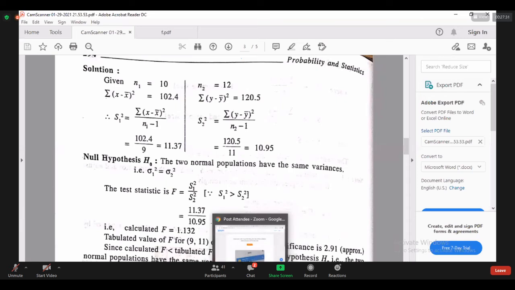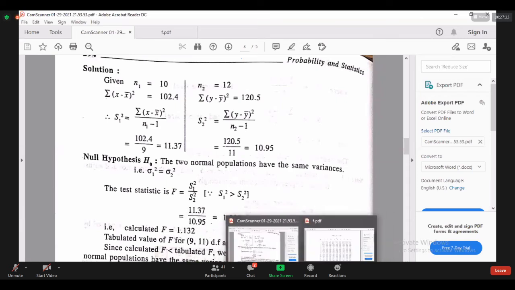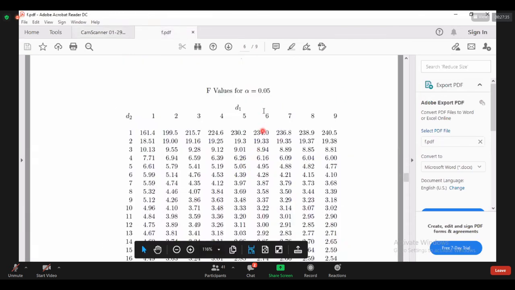Now all of you see the table value. 5% level of significance and 9 comma 11. See, 9 is here and 11 is here. 9 is always the first degrees of freedom, D1, which we take here, and the first column is this D2. 9 comma 11: the 9th column is this one and the 11th row is this one.